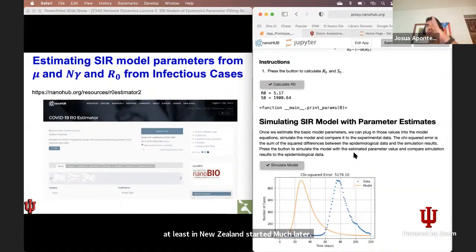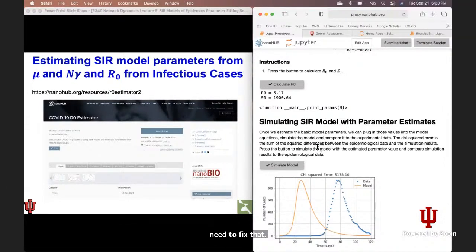So they were already recording data when there were no cases, but there was basically no epidemic or pandemic hitting New Zealand at that time. So we need to fix that. You have to fit it when the number of cases is 100 or something like that to line it up. Yeah. Right.